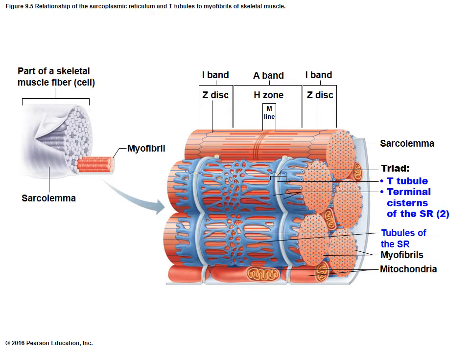The darker blue on either side of the T-tubule is labeled as the sarcoplasmic reticulum. Those are your SR regions. You have 2 of those and 1 T-tubule, making it a triad. And the SR region is where lots and lots of intracellular calcium is being stored.